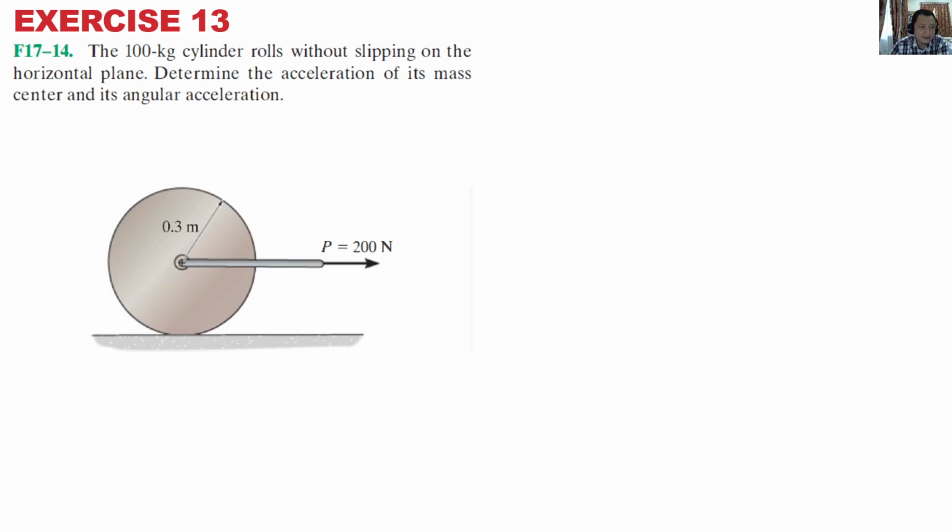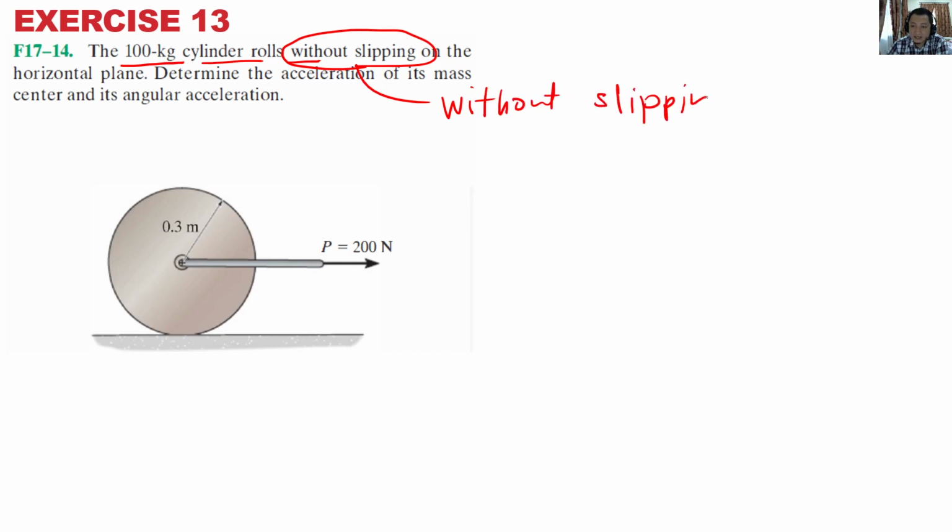What are we looking at right now? Exercise 13: a 100 kilogram cylinder rolls without slipping. So this is good, without slipping. This is easy. Why?